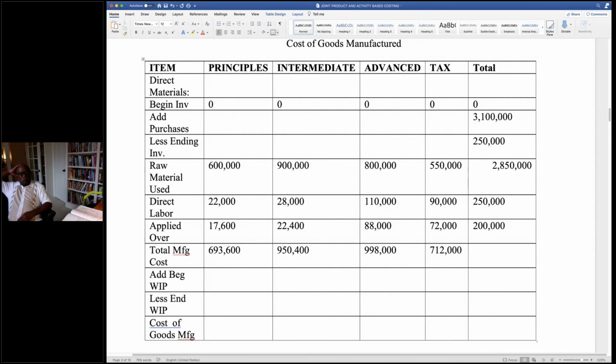Okay, so the next line, the total of those, I got 3,300,000. Let me redo it just to make sure.